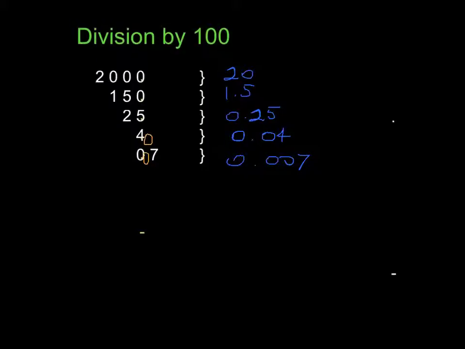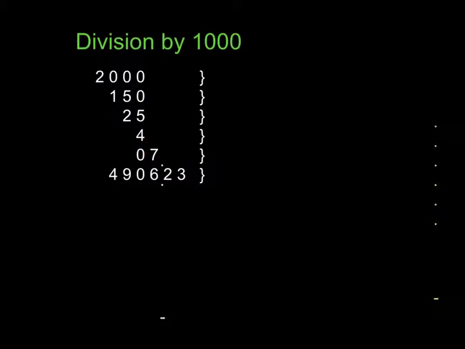Okay, let's have a look at dividing by 1,000. Now what you should be able to guess is that if we divide by 1,000, 1, 2, 3 zeros, we're going to move all these decimal places 1, 2, 3 positions, and the problem is if we move this decimal here 1, 2, 3 positions, we'll leave some gaps.